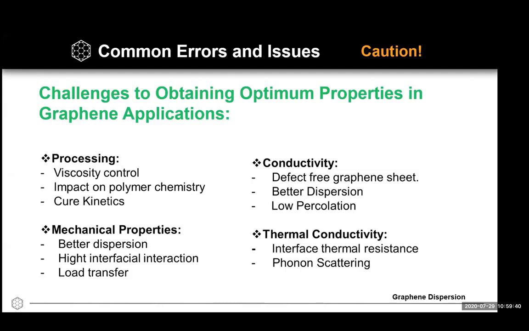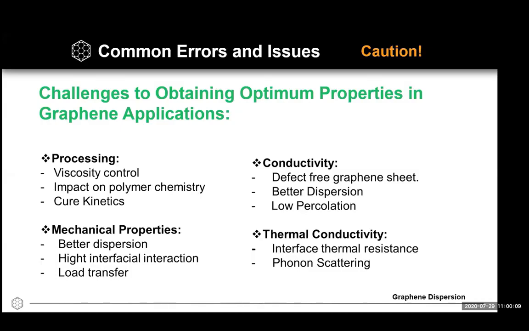On the opposite hand, with mechanical properties, or thermal conductivity, you don't necessarily have to have point-to-point contact, but you do have to have what we might call heightened interfacial interaction. You need to have load transfer capability between particles, so that the distribution of energy is maintained between the polymer matrix and the graphene particles that are dispersed within it.